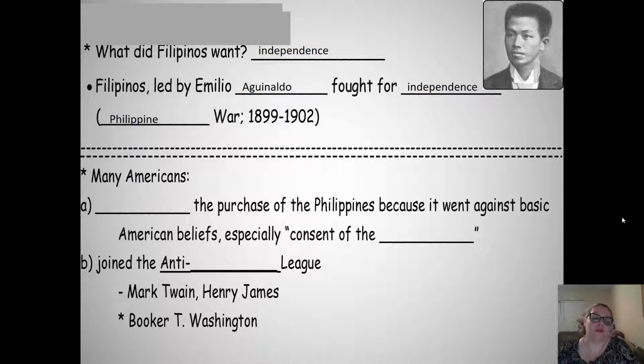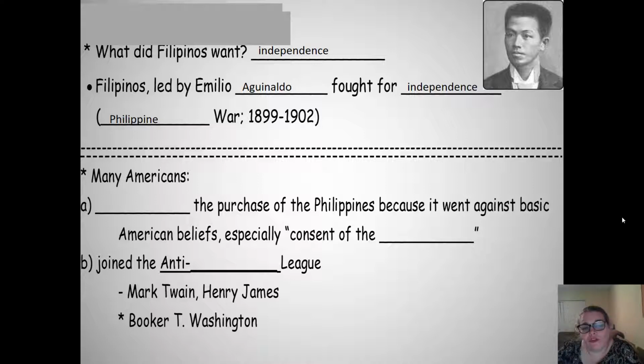And they said no. So for a while there in the Philippines, you have men who were sleeping next to each other and fighting on the same side one day, and three days later are shooting at each other. Because you had American troops and Filipino troops who were allies, and then a couple days later, all of a sudden, the Filipinos are fighting to try to kick the Americans out of their country.